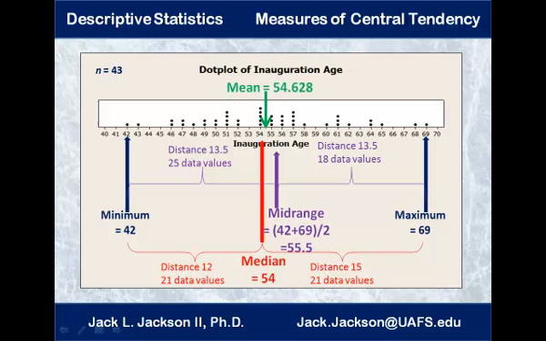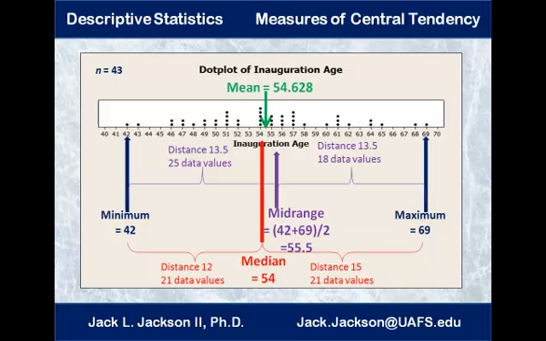So back to our inauguration age data, we see here the mean is right here at 54.628, to at least round it off to 3 decimal places. And so if we were to place that arrow below this dot plot and think of this as a line that had no weight of its own, but the weights are given by the dots, that would be a perfect balance.